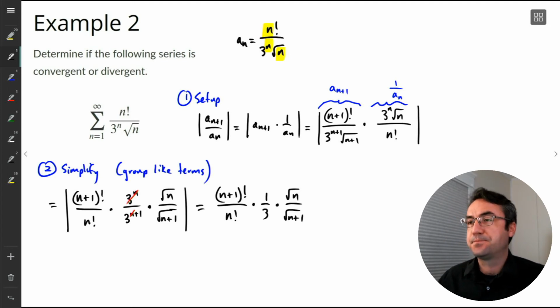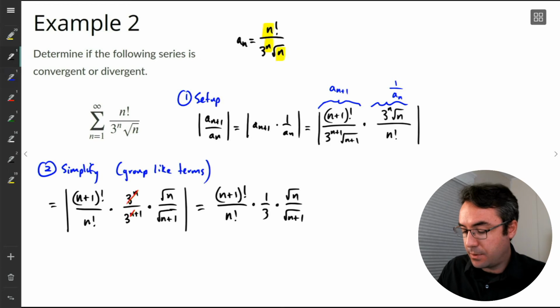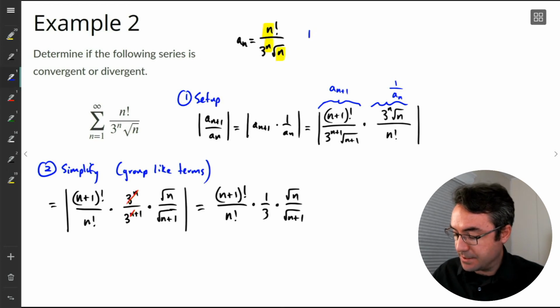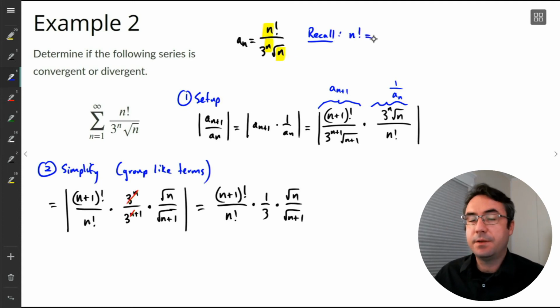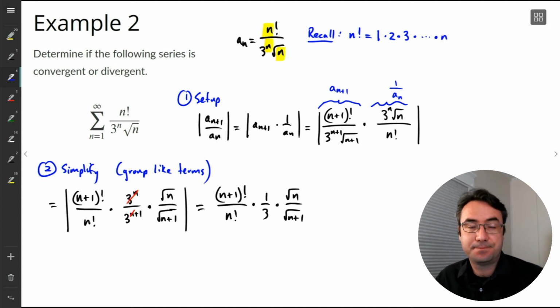All right. So now let's actually work with those factorials. So let's remember what n factorial is. Well, we start with 1, and we multiply 2, then we multiply 3, and we keep multiplying numbers until we get up to n. That's what n factorial is.